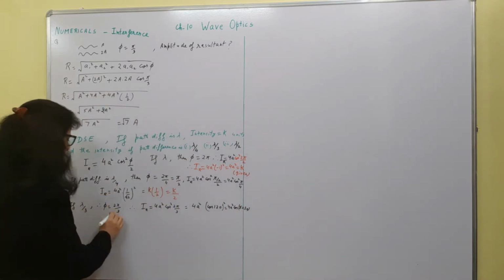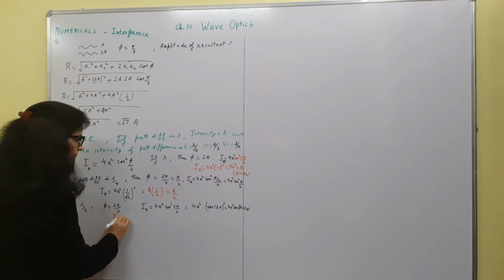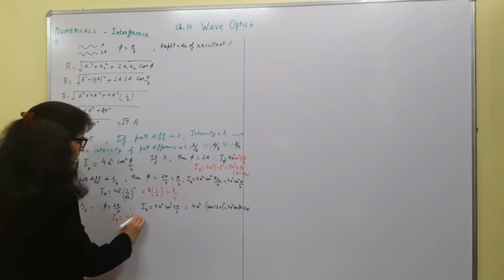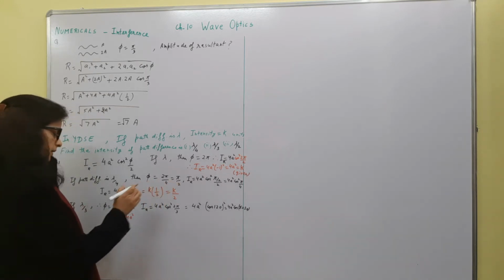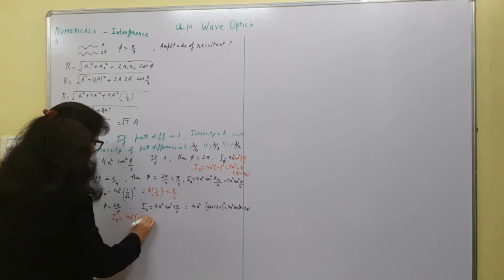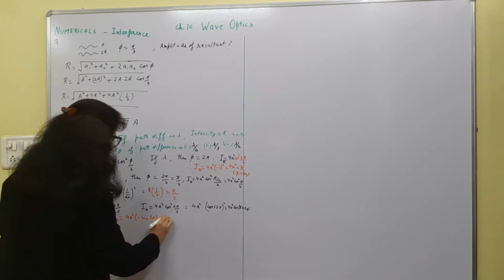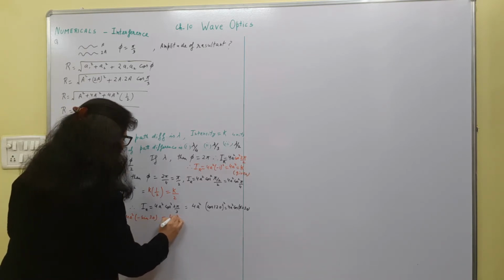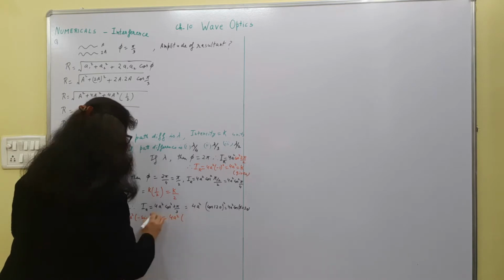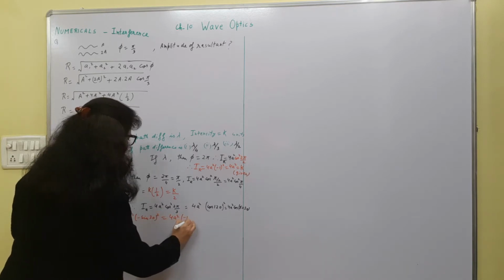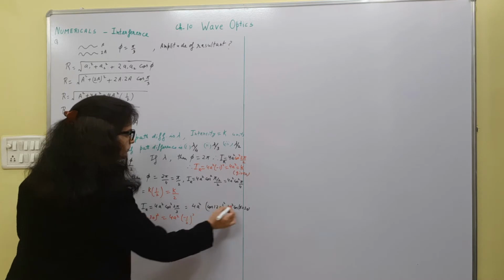And this means our IR will be 4a square, minus 1 by 2 whole square.